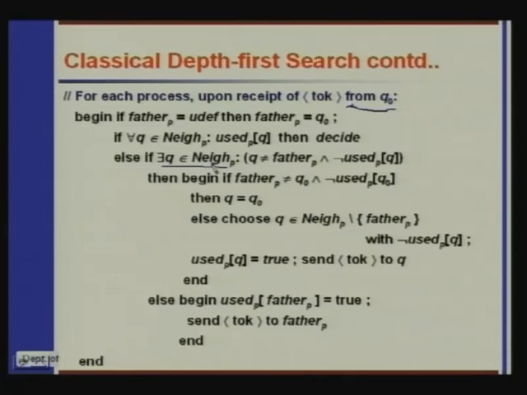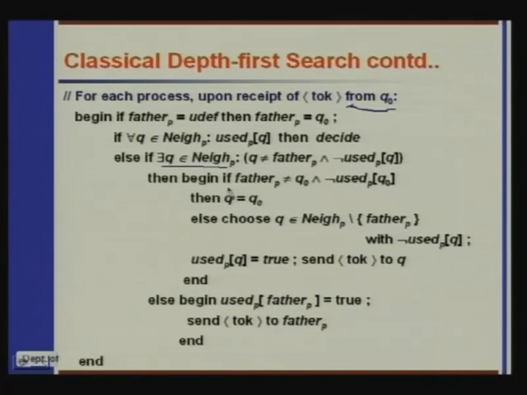Now remember that Q0 may not be the father also. Q0 can be the father or may not be the father. Q0 will be the father if this is the first time that you are getting the token. If this is not the first time that you are getting the token, then Q0 is not your father, someone else is your father who has sent you the token, right.